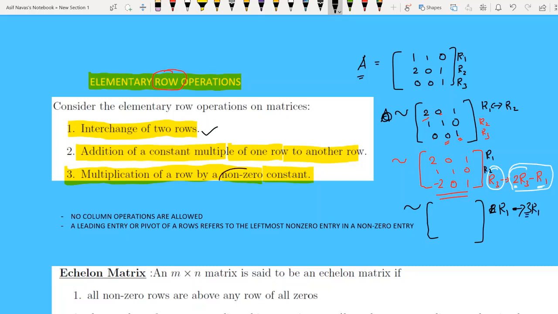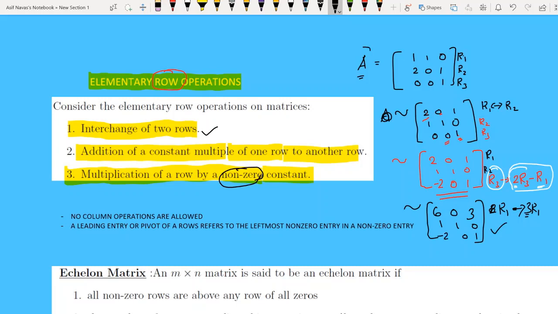That is important. You cannot make the constant zero. So R1 changed to 3R1. So 6 0 3, 1 1 0, minus 2 0 1. So these all are elementary row operations.